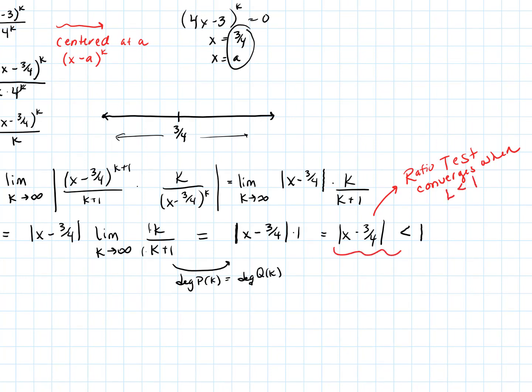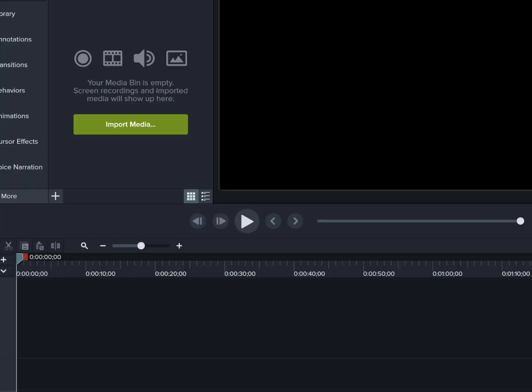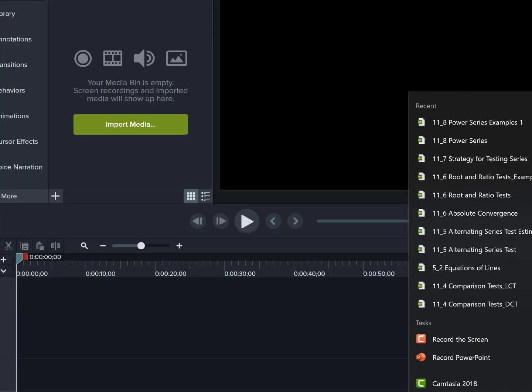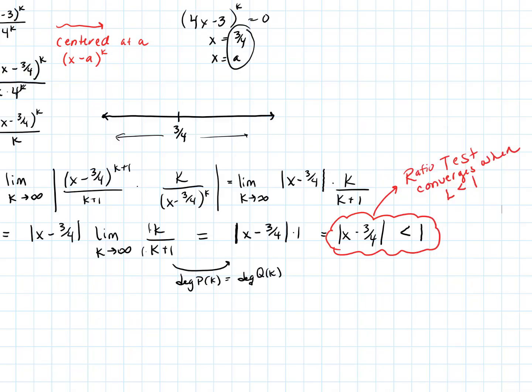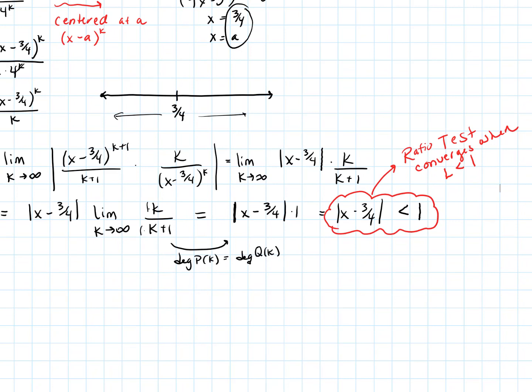So if I want convergence, I know that the absolute value of x minus 3/4 has to be less than 1. Because I already have it isolated, that's my x minus a, which has to be less than 1. That's what my radius is, since I've already isolated the 3/4.